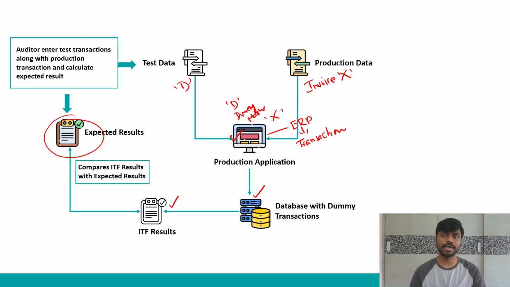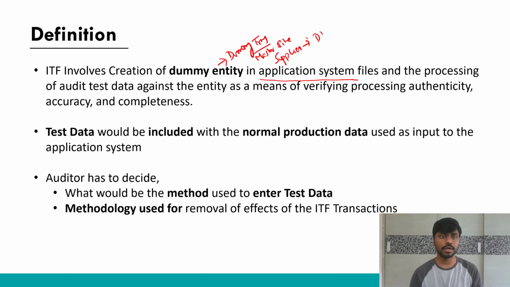Now we will go back to the definition and try to understand it in more detail. ITF involves creation of a dummy entity in the application system file. In our example, we have a dummy supplier called D. And processing of audit test data. They have their own test data that needs to be processed against supplier D. Why are they doing it?